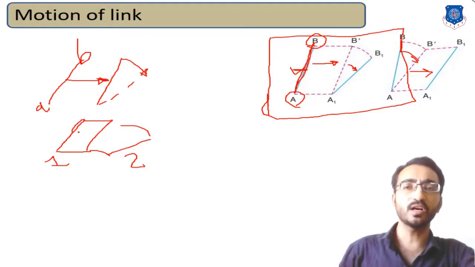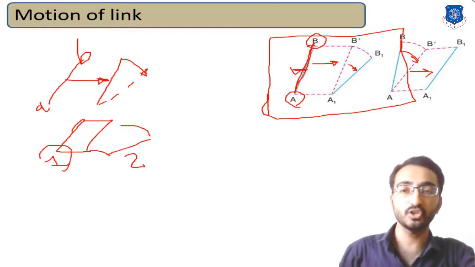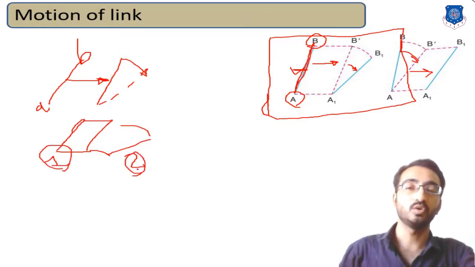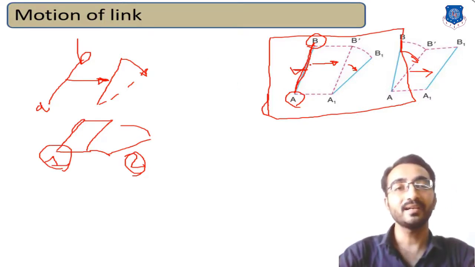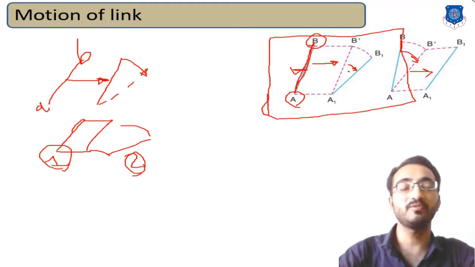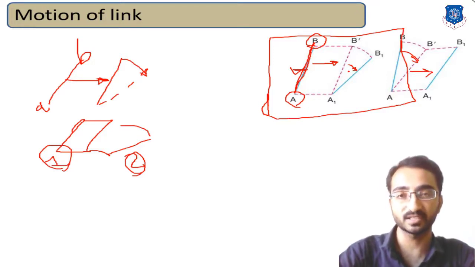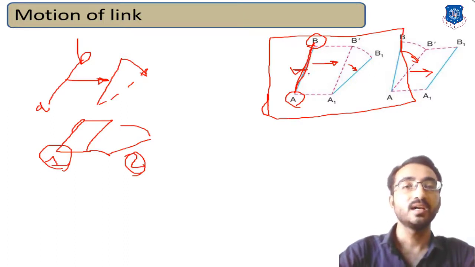Overall, the position of the link can either translate or rotate, but we cannot identify which motion occurred first. So we generally consider that both motions are taking place parallelly.